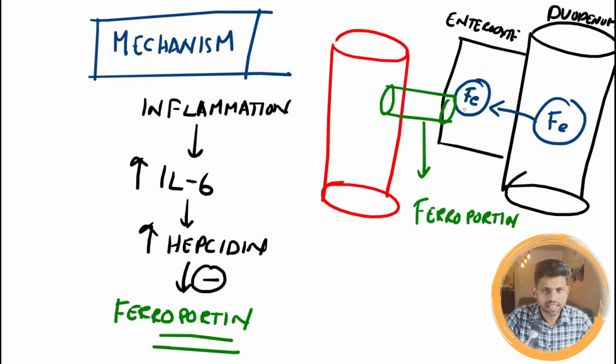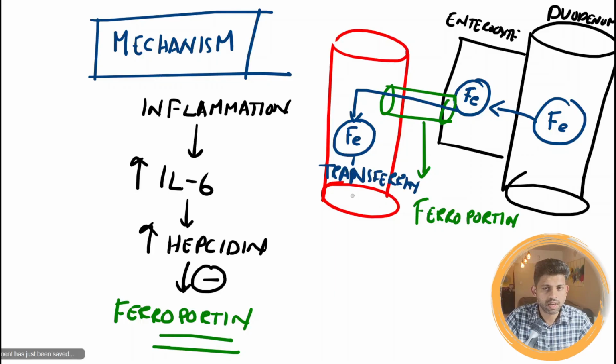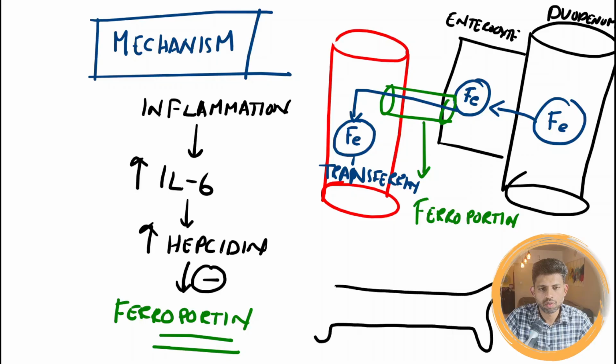Iron from the enterocyte travels through ferroportin and reaches the circulation. Here it is attached to transferrin, which transfers iron to bone marrow, liver, and other places.